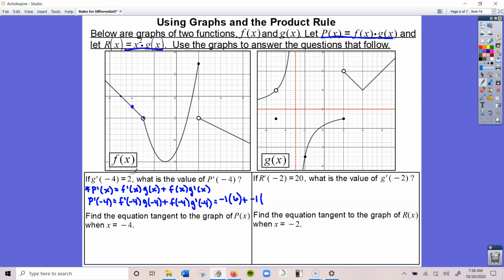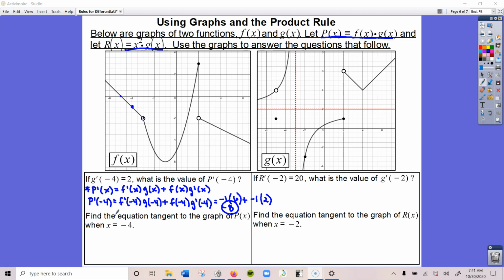In the actual question it tells me that g prime of negative 4 is 2, so 2. So negative 1 times 6 is negative 6, and negative 6 minus negative 2, minus 2 would give me negative 8. So p prime of negative 4 is negative 8.